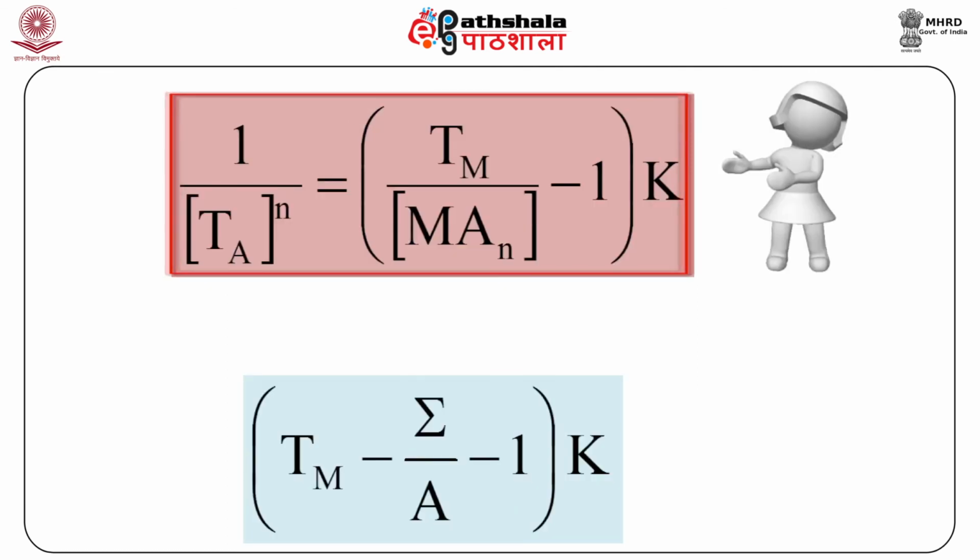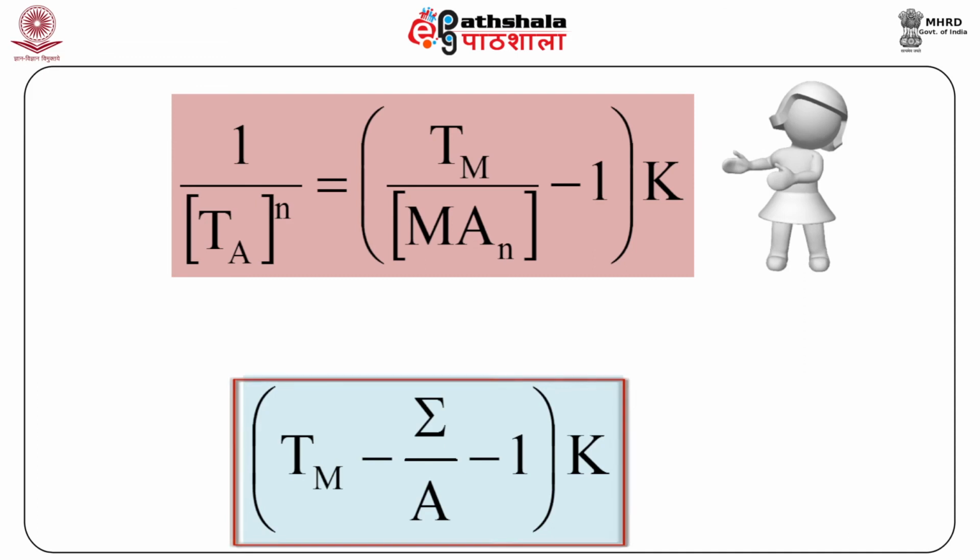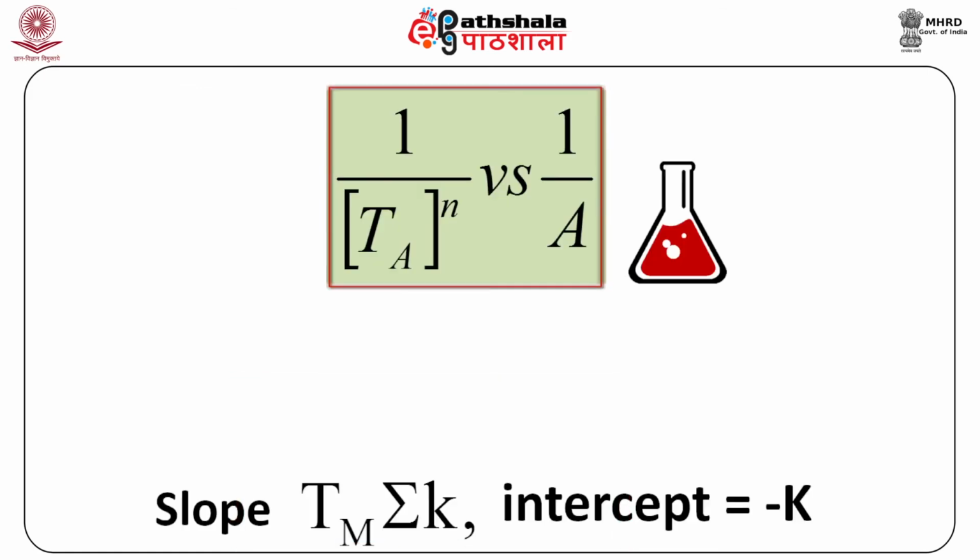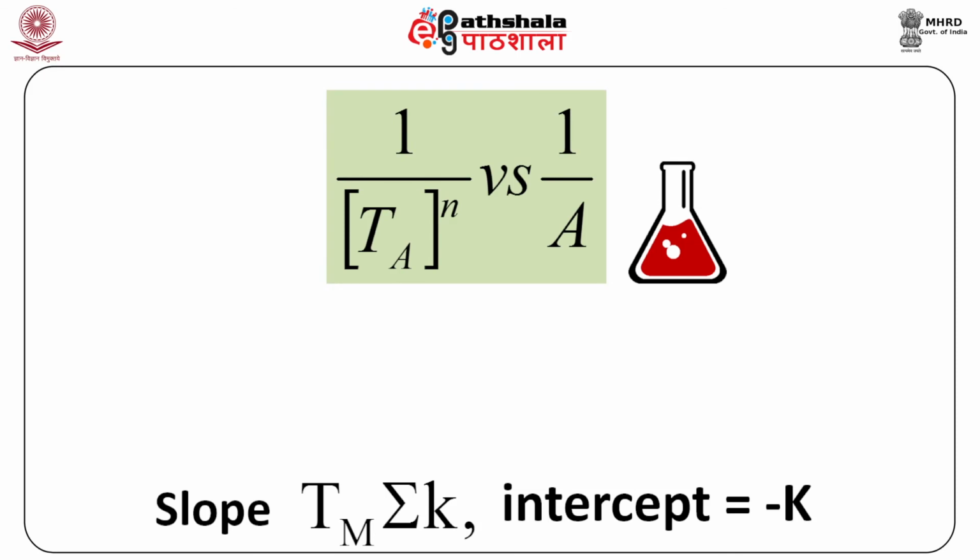Therefore, 1 upon Ta to the power n is equal to Tm divided by MAn minus 1 whole multiplied by the constant K. Now, if the graph is plotted between 1 upon Ta to the power n versus 1 upon A, the slope is obtained as Tm times K and the intercept is minus K.